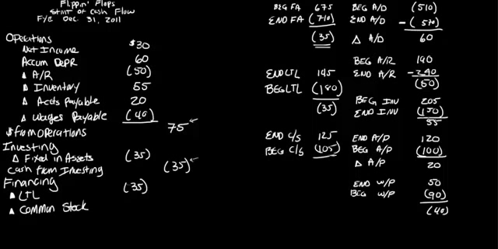Subtract that out from 125, and we have a change of $20. So our change in common stock is $20, and that's a positive number. So my cash from financing, the total, is a negative 15.